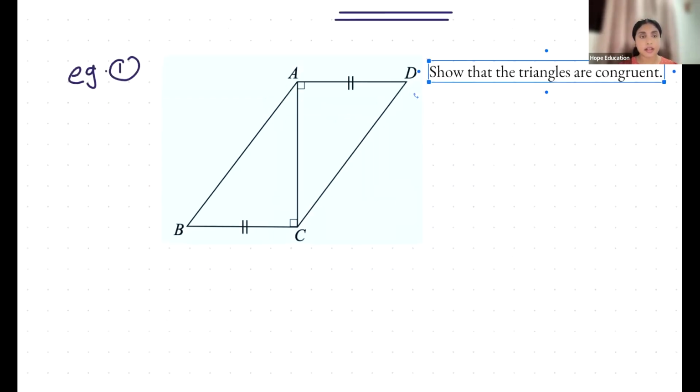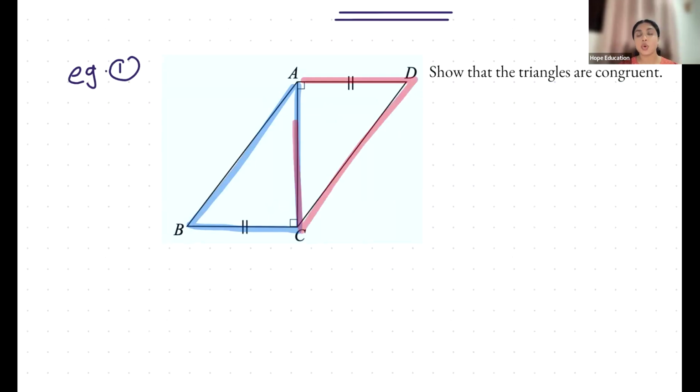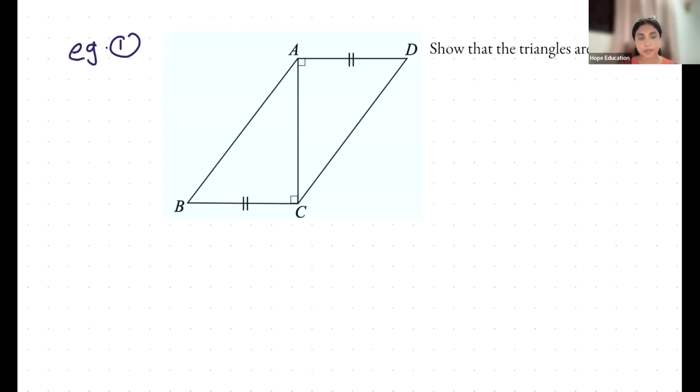So one of the triangles is ABC, as you can see here, and the other triangle is ADC. So we are going to show that these 2 triangles are congruent. So I will first start by putting the topic. The 2 triangles I'm considering, one is ABC and the other one is ADC.